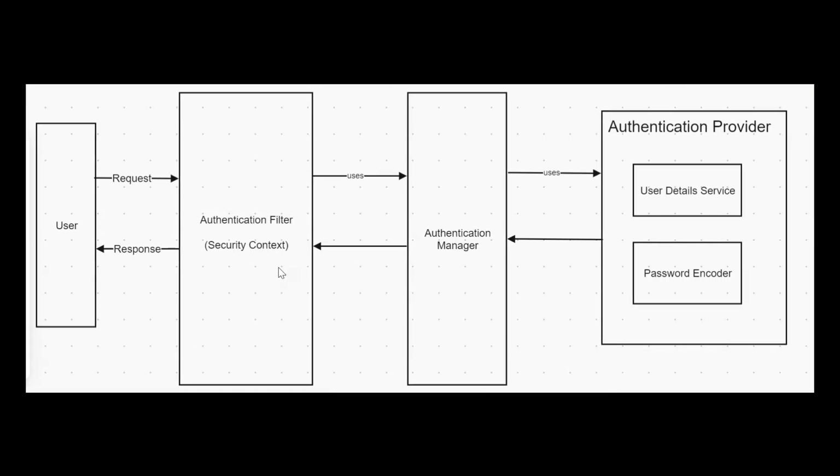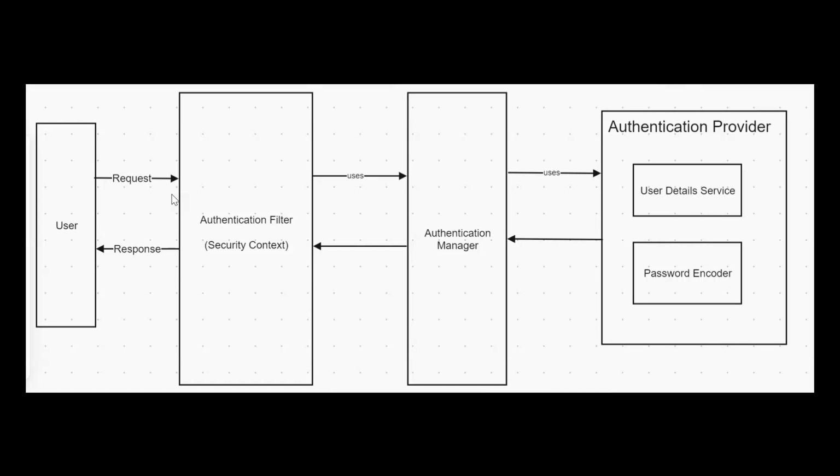If you check this diagram, you can see the moment the user sends the request, once he enters the username and password into any application, earlier the request would directly go to the dispatcher servlet and then the controller. After that the remaining flow would be executed.